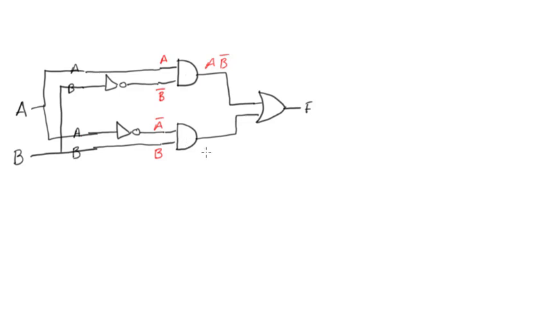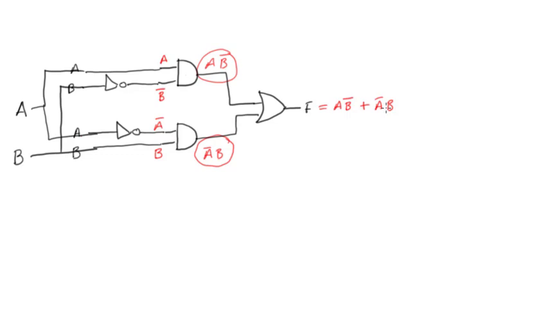This AND gate has an A not and B output. The OR gate takes the input here and ORs it with the input here to give us A B not, or A not B. And that's the logic equation for this more complicated logic circuit.